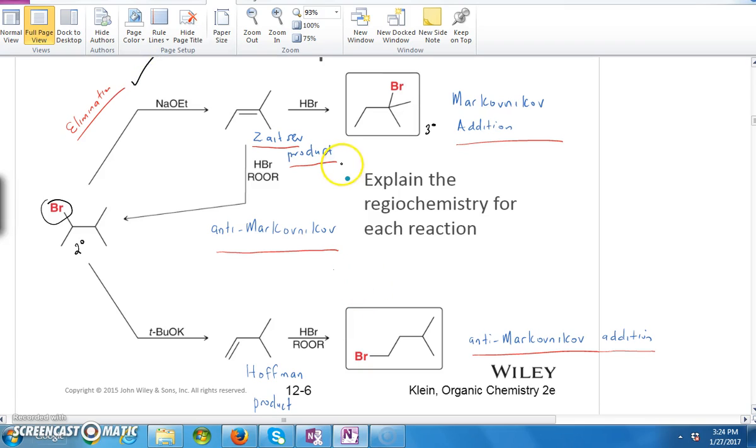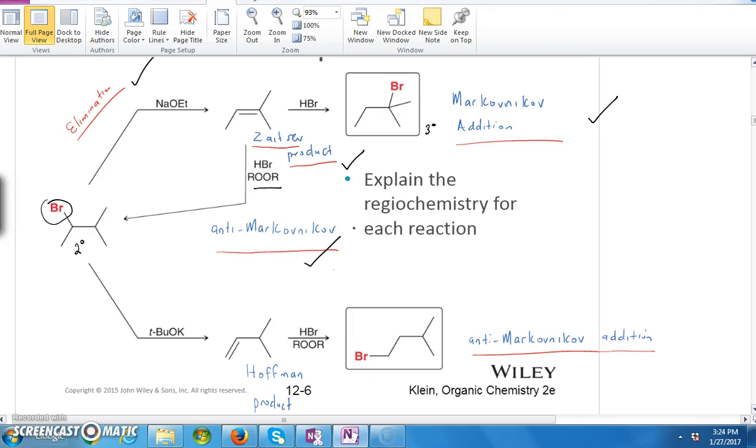You get the Zaitsev product, and once you get the Zaitsev product, you can now do a Markovnikov addition to get your tertiary alkyl bromide. Now, once you get to your Zaitsev product, you can always go back in an anti-Markovnikov fashion using HBr and peroxide, just like we learned in chapter 11.